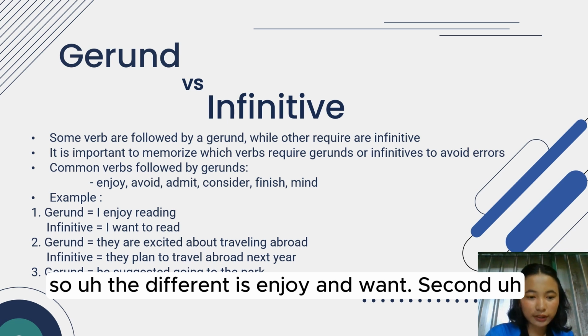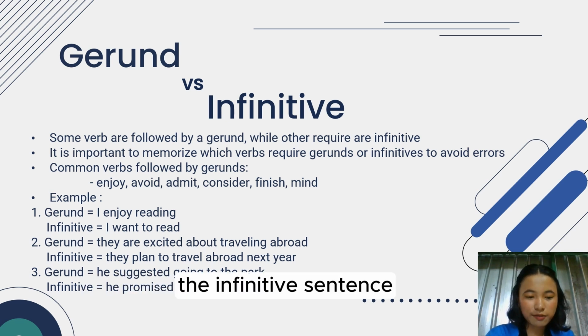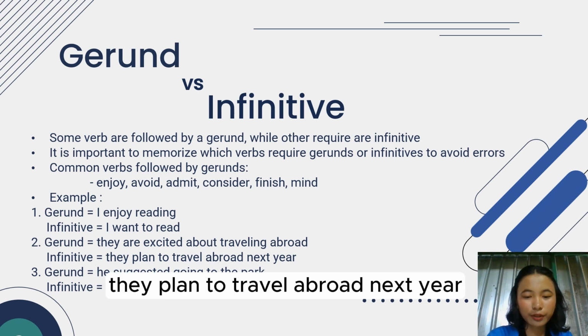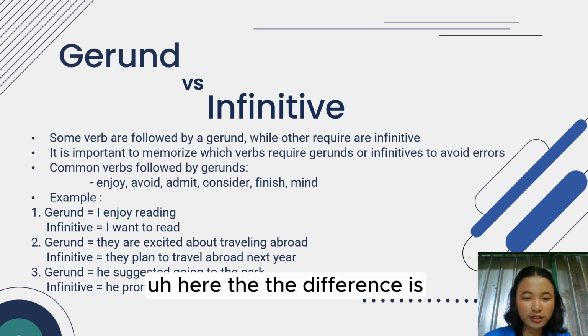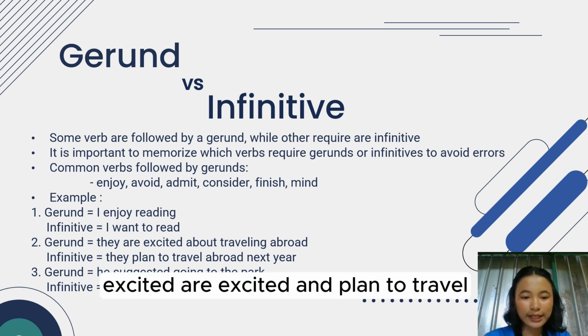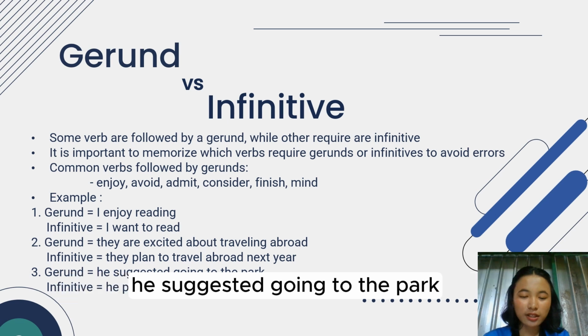Second, the gerund sentence: "They are excited about traveling abroad." The infinitive sentence: "They plan to travel abroad next year." Here the difference is are excited and plan to travel. The third example, the gerund sentence: "He suggests going to the park."